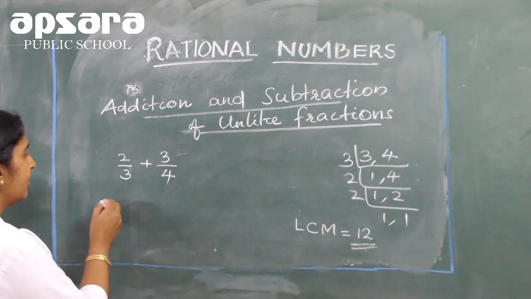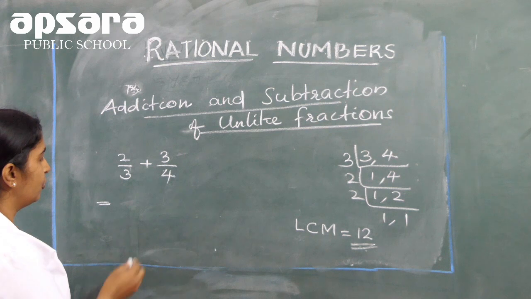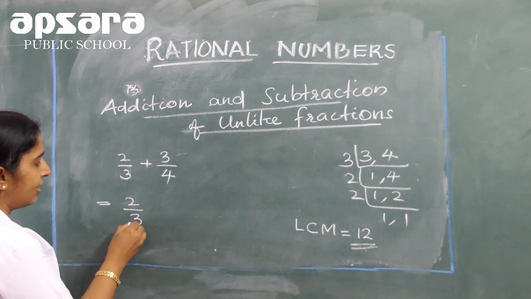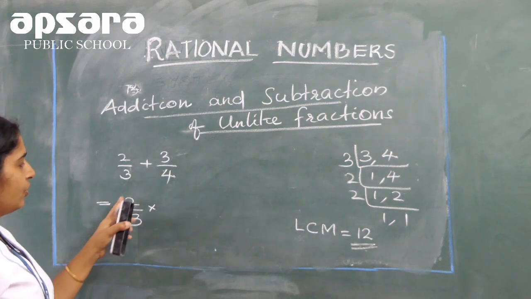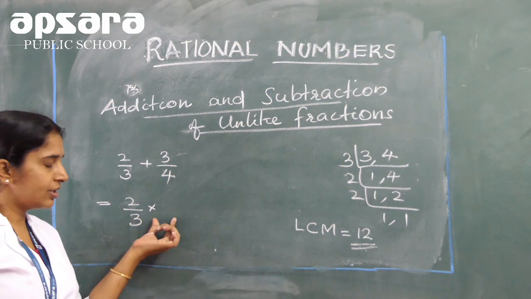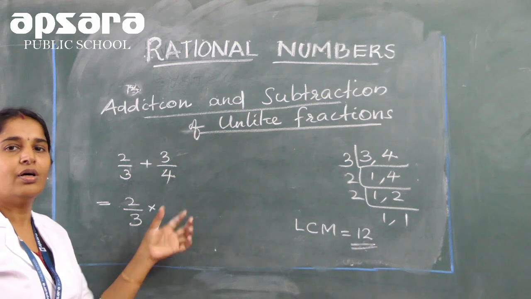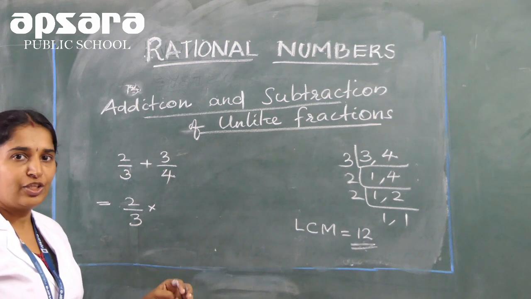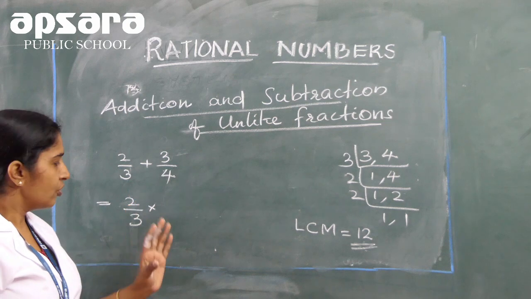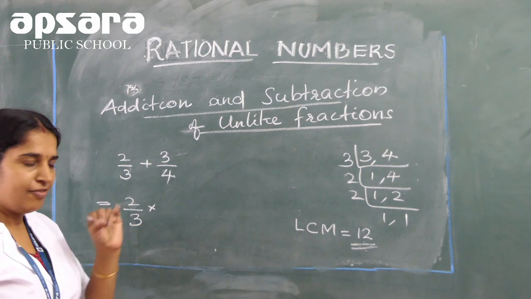So let us start. 2 by 3 plus 3 by 4 is equal to 2 by 3 into which number should be multiplied with 2 by 3 so that the denominator will be 12? 3 into which number is 12? 3 into 4 is 12, right? So we have to multiply both the numerator and denominator by 4.